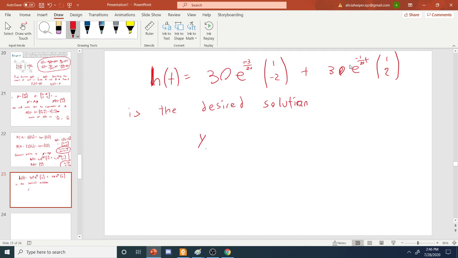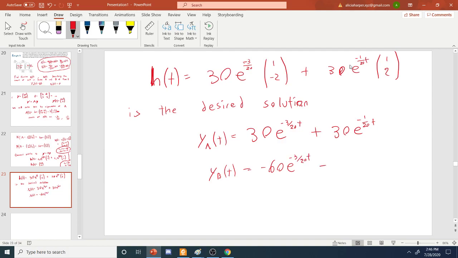Which means y a of t is equal to 30 e to the negative 3 over 20 times t plus 30 times e to the negative 1 over 20 times t, and y b of t is equal to negative 60 e to the negative 3 over 20 times t plus 60 times e to the negative 1 over 20 times t.